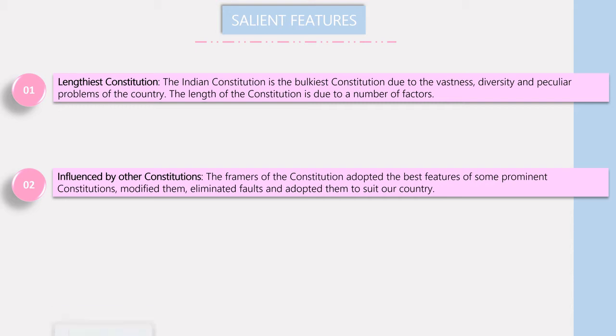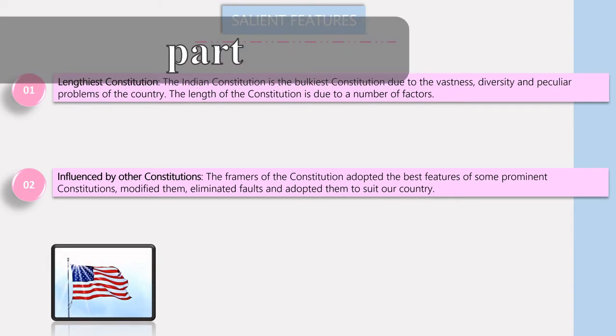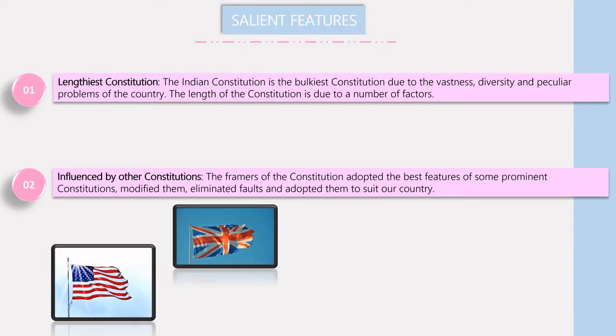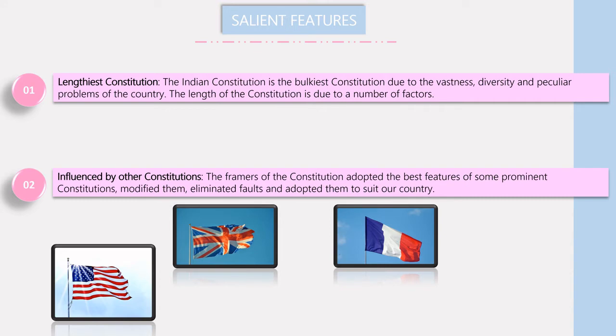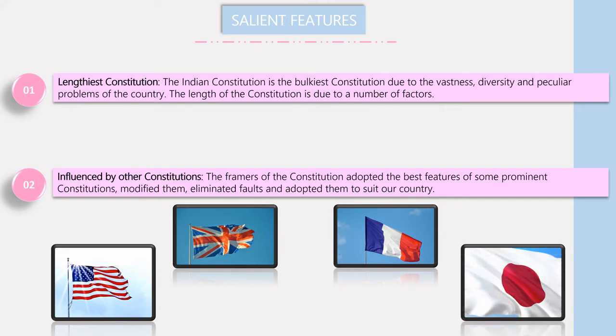First point, a large part comes from the Government of India Act 1935, like the federal system, Office of Governor, Judiciary, Emergency Provisions, Public Service Commissions and Administrative Details.